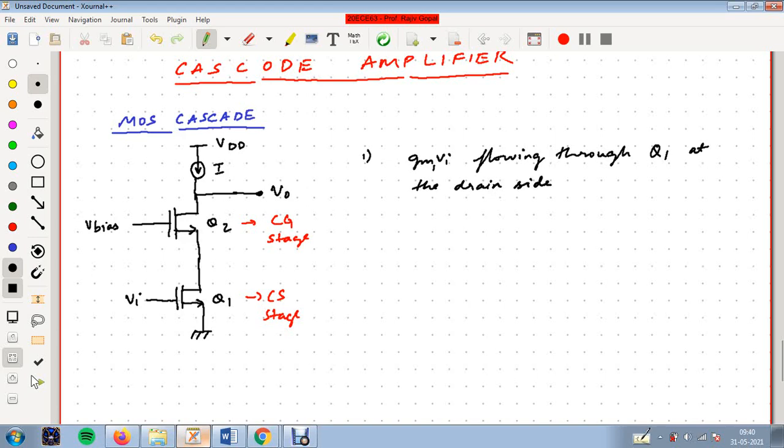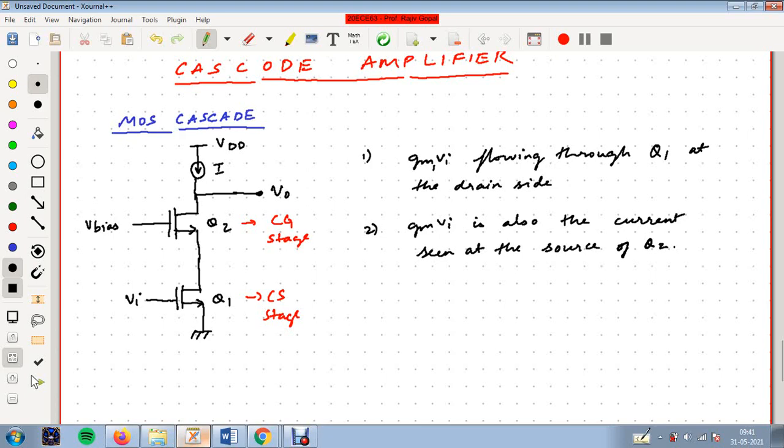This gm1 Vi is also the current seen at the source of Q2.